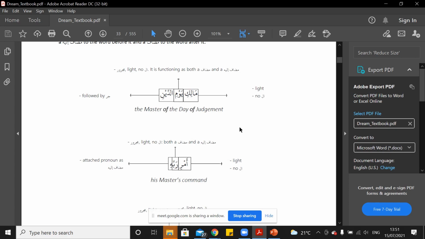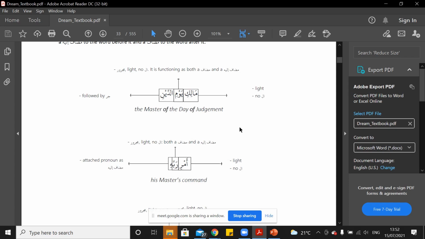When I say Maliki Yawmiddini, day of judgment, and then I say khairin, of betterment, you cannot call it an Idafah fragment because it doesn't make any sense. Ad-dini has al on it and cannot act as a mudaf for khairi. So this cannot be another chain to an Idafah fragment.